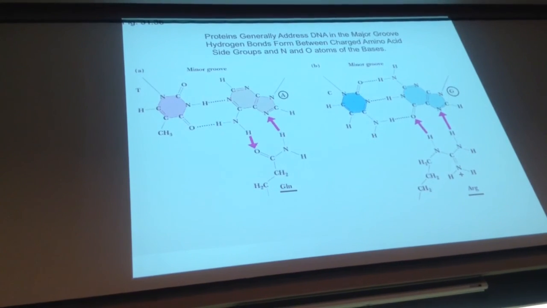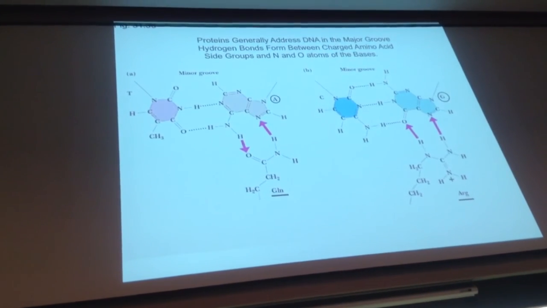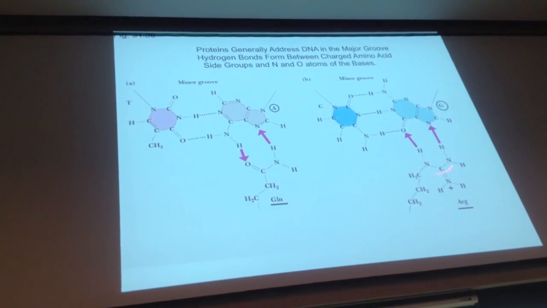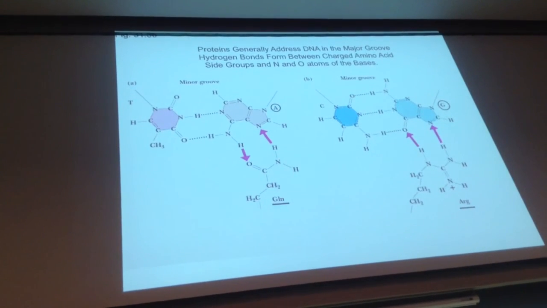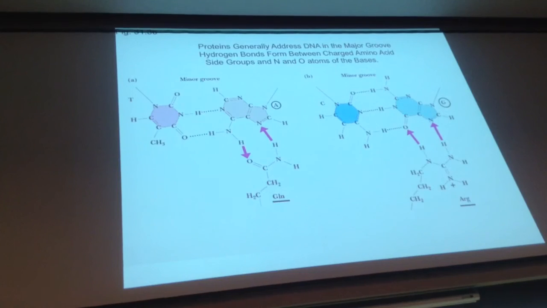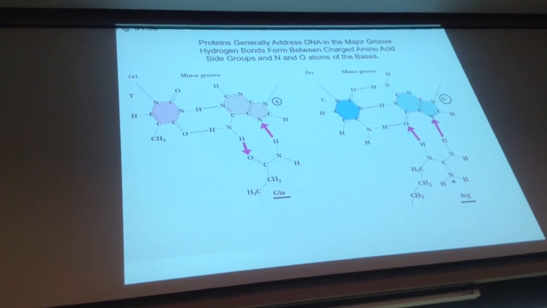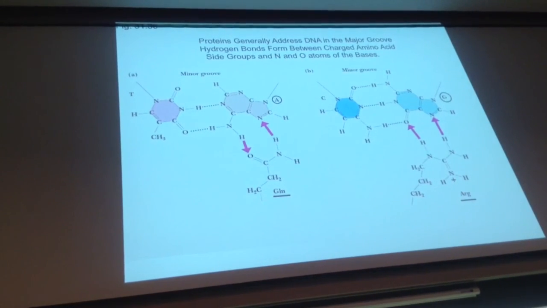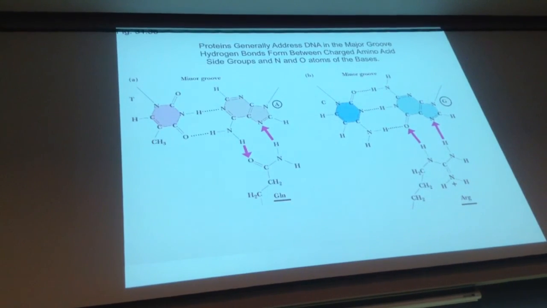So there's specificity between the amino acids and the bases. And it's because of the arrangement of the side groups that are there, and the formation of hydrogen bonds. It's almost like complementarity between the amino acid and the base, just as it is base to base. So these guys address DNA in the major groove primarily, although some do address the minor groove, and they do it by the sequence of the amino acids.